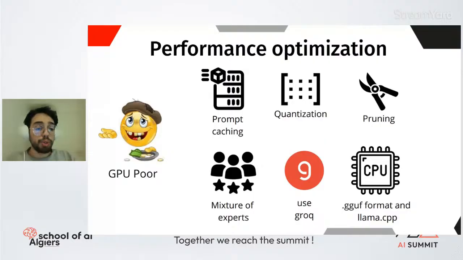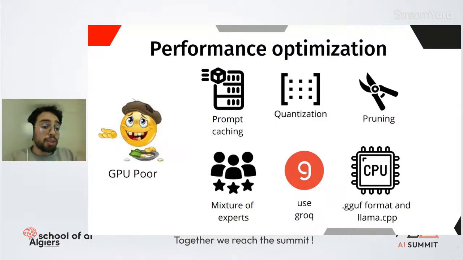We can also use mixture of experts. If you have heard of Mixtral, which is a big LLM, but at inference time it just uses a part of the overall parameters to make the inference, which is very, very efficient because we are not inferring using all the parameters.